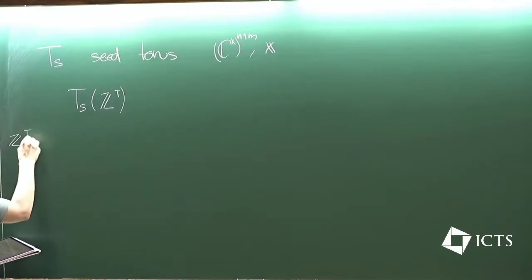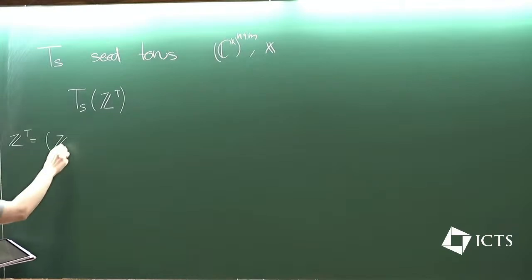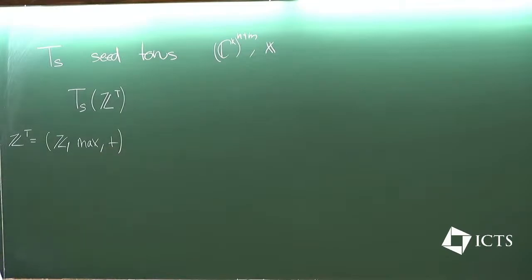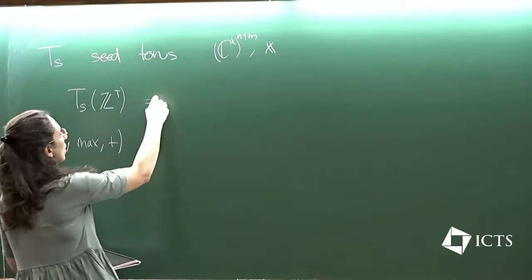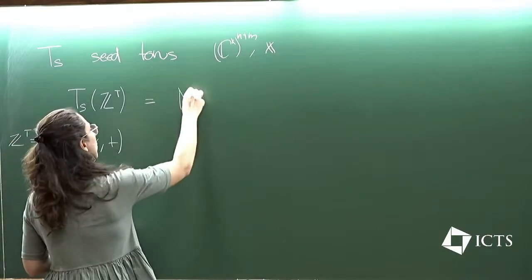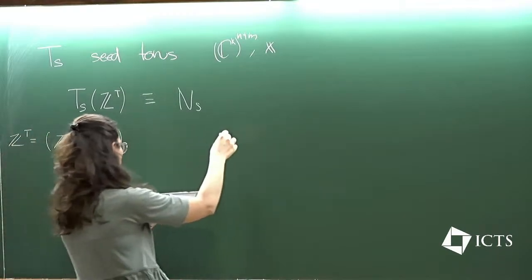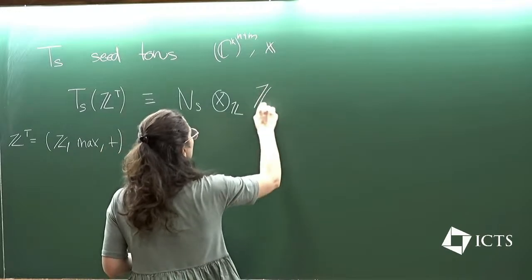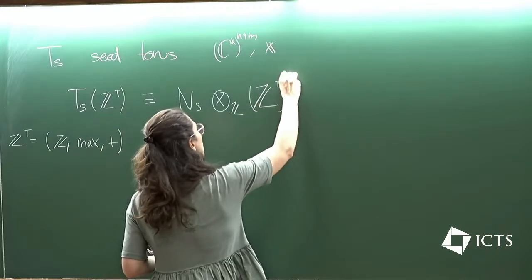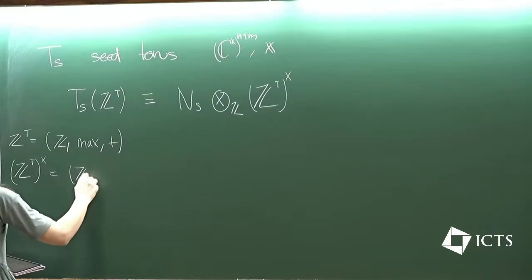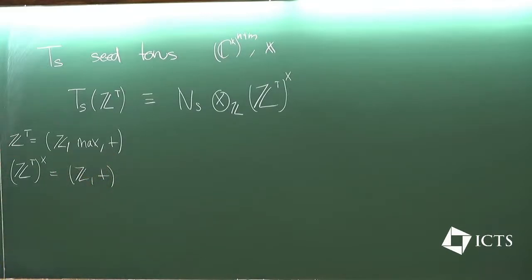ZT was, as a set, the integers with the operations maximum for addition and usual sum for multiplication. The tropical integer points of the torus are then defined as the cocharacter lattice of the torus tensored over Z with ZT. And here I'm considering just the multiplicative group of ZT, which is a bit confusing, it is the integers with addition, because this is my multiplication.